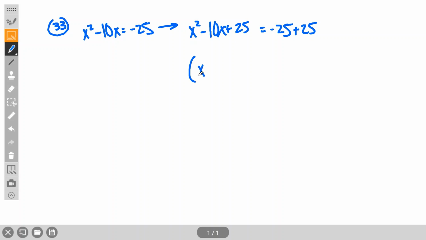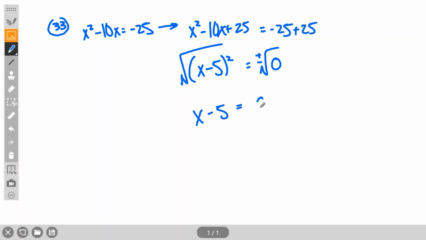So the left side is now a perfect square, x minus 5 squared equals 0. So this is now solvable. I can square root both sides. So I get x minus 5 is equal to 0. Add 5. And this one only has one solution, x equals 5. That's our solution for number 33.